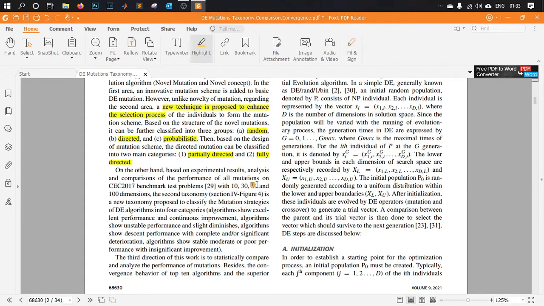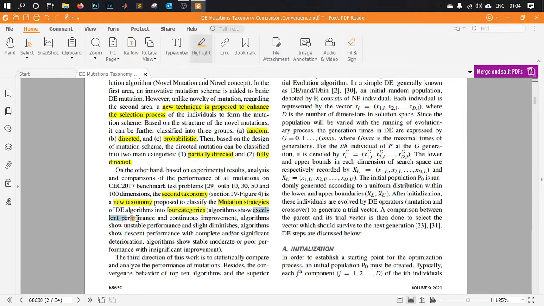On the other hand, based on experimental analysis, mutation. So here they are saying that the second taxonomy is a new taxonomy. Okay, so they are classifying mutation strategies into four categories. So what are those categories?